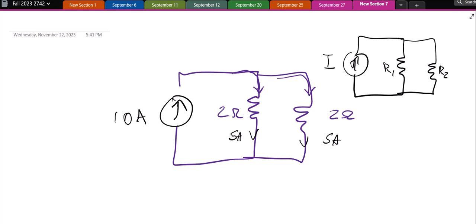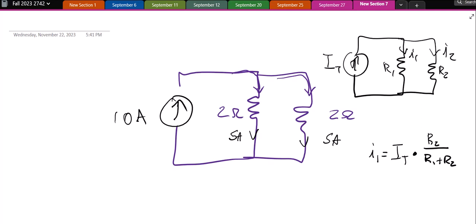Let's say I have my total current IT, and I want to find I1 and I2. I1 is going to equal my total current times, and this is the opposite from voltage division, the other resistor, so times R2 over R1 plus R2.